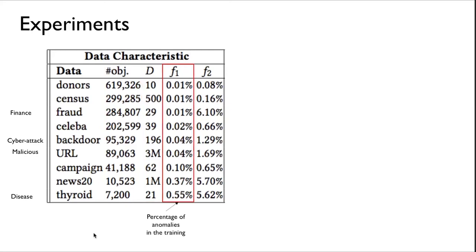This column, F1, is the percentage of anomalies in the training. When they split the data points for training and testing, they guarantee the percentage of anomalies in the training is at this value, and F2 is the percentage of the total anomalies in the dataset.